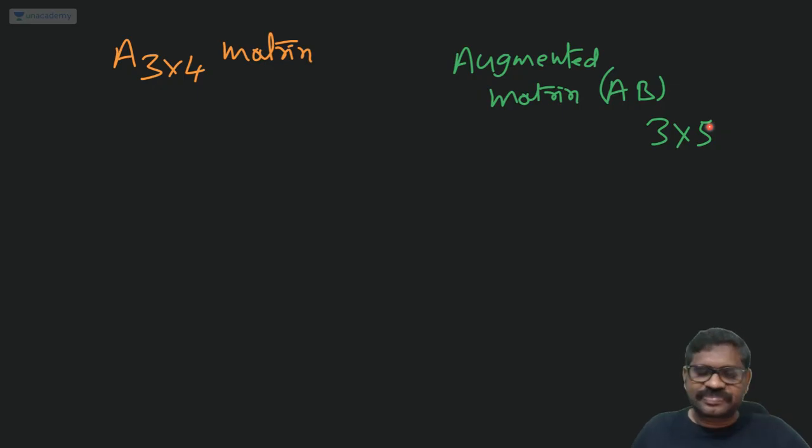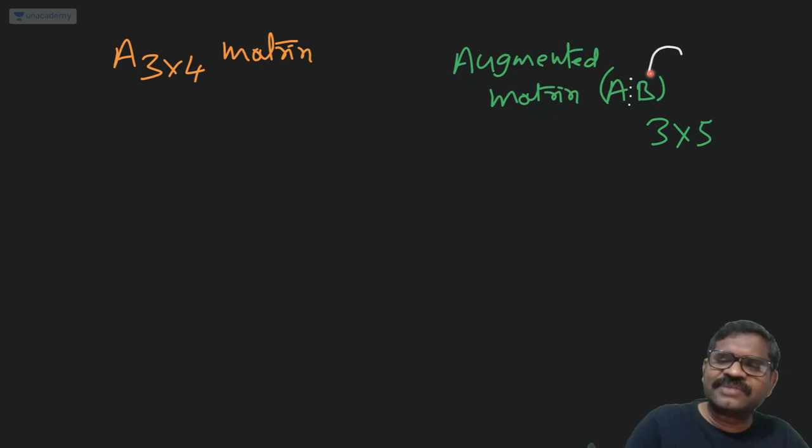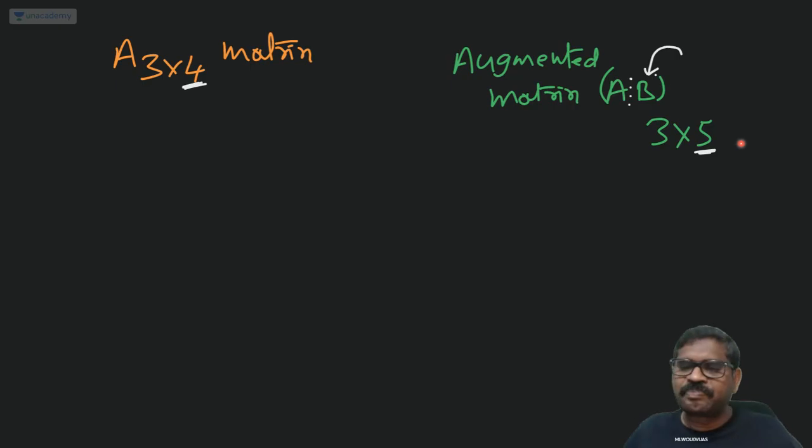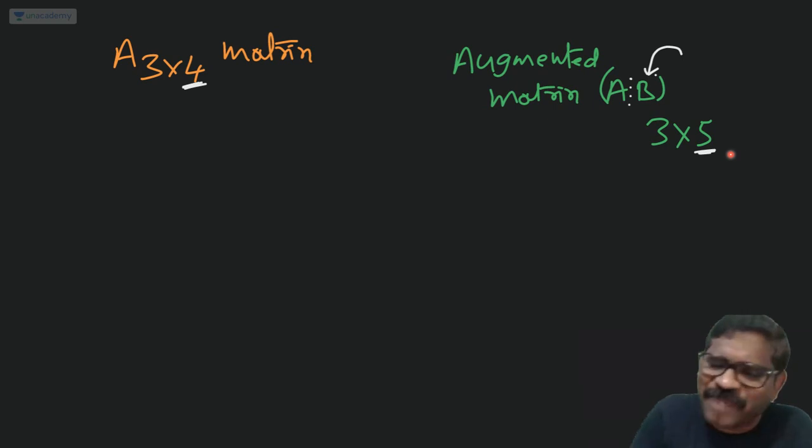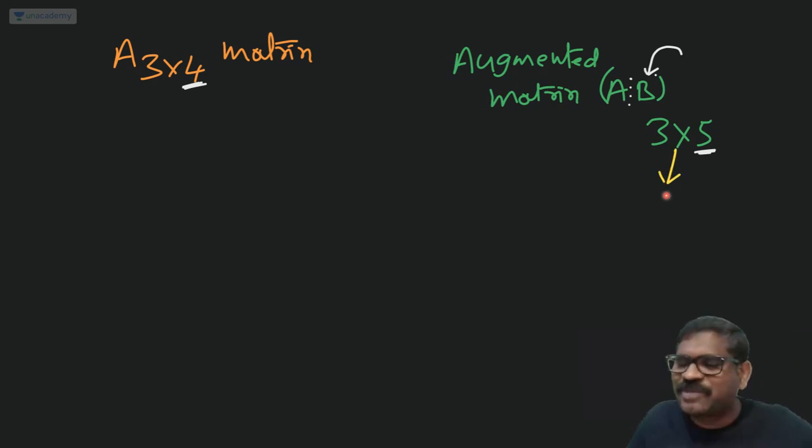Now, this is the extra column. Because of this extra column, here columns are 4, here columns are 5. Now, if augmented matrix AB is 3 cross 5, what is the maximum possible minor of AB?